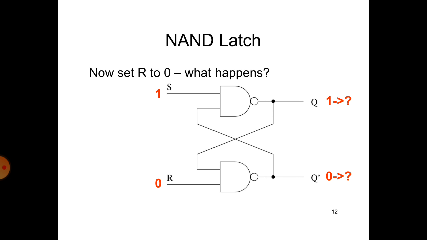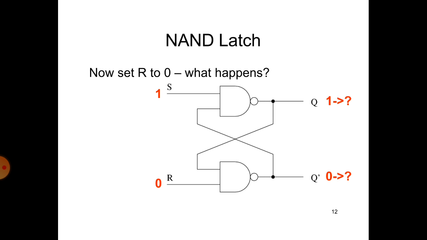Now set R to 0. In the previous case S equal to 1 and R equal to 1. Now set R to 0. What happens? S is equal to 1, R is equal to 0.